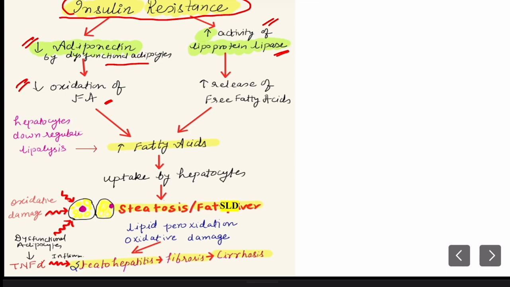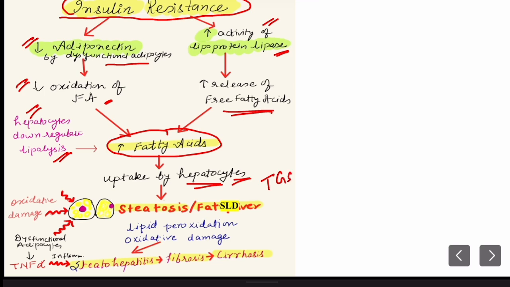So because of this, there is increased release of fatty acids, and these fatty acids are taken up by the hepatocytes. Additionally, the hepatocytes also downregulate lipolysis, because of which again the fatty acids increase. Now these fatty acids are stored mainly as triglycerides in the liver cells.